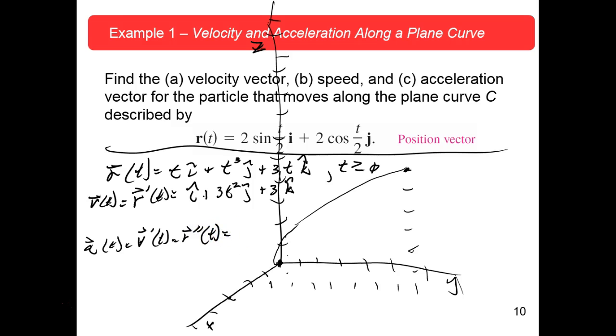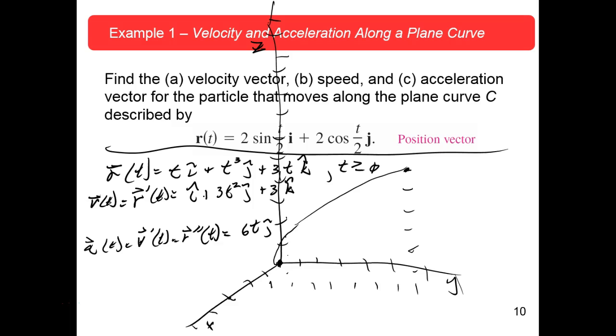Okay, what would that be? 6t j, and nothing on i and nothing on k.